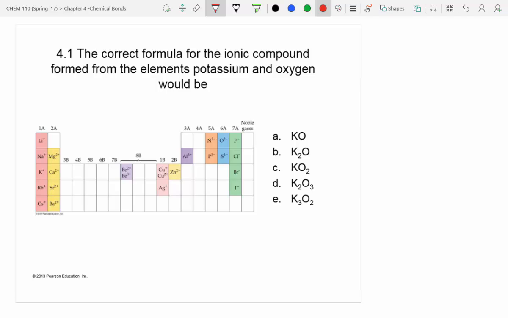See if you can figure it out and then check with your neighbor. We've got potassium right here. We've got oxygen right here.